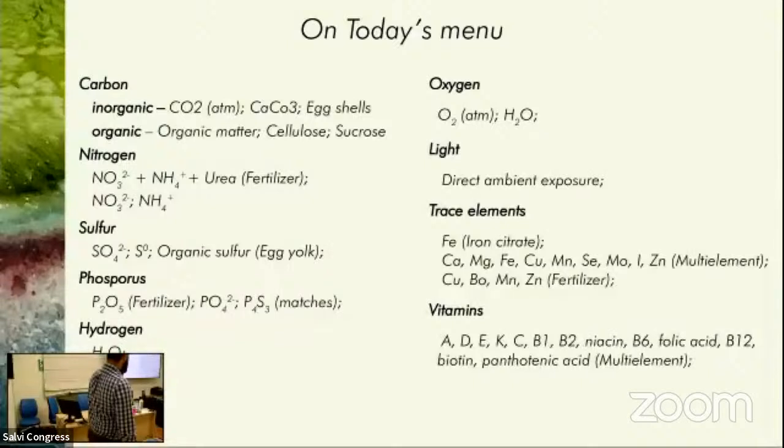So on the menu today, you have carbon, inorganic as CO2, that's provided by the air and the waters that are there, or eggshell for calcium carbonate. You have organic matter that is already present there, but you can add cellulose, or you can add sugar, table sugar, the one we use for coffee. Then we have nitrogen sources you can add. We have fertilizers with us.